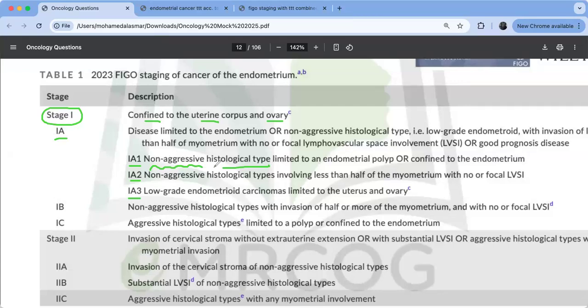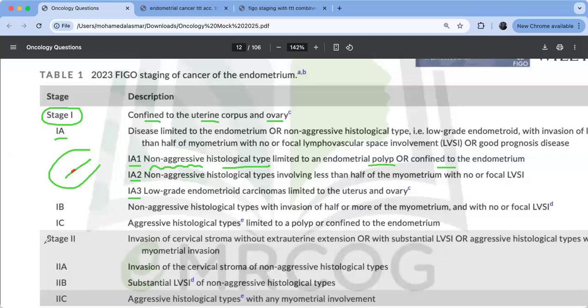So 1A1 is a non-aggressive histological type, but limited to an endometrial polyp only, or confined to the endometrium. So if this is the uterus and this is the endometrium, here the tumor will be only confined to the endometrium.